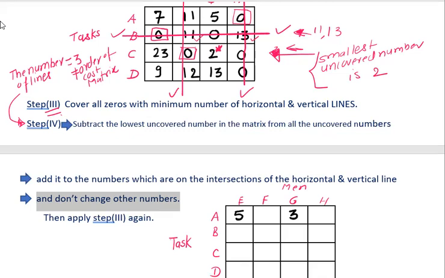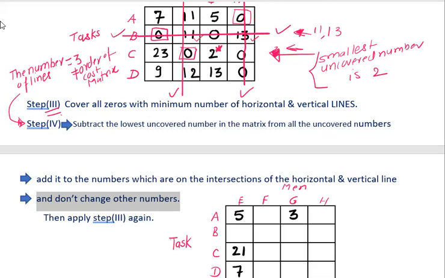All right. These are the numbers on the line. We want the uncovered numbers. So 23 is an uncovered number. 23 is in the third row. So 23 minus 2, we get 21. 9 minus 2, we get 7. All the numbers in the second column are covered.